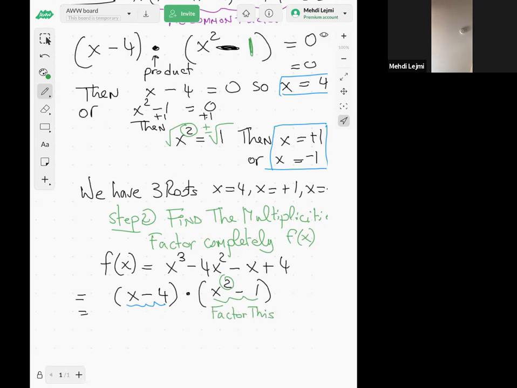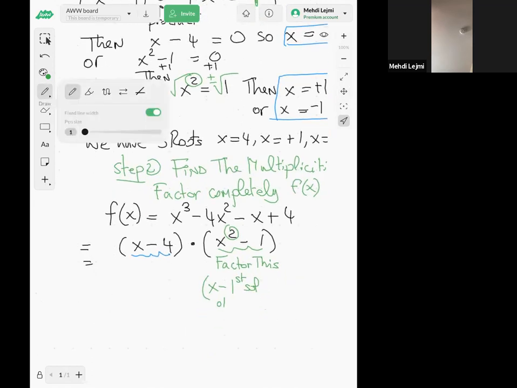If you want to factor x squared minus 1, it should be of the form x minus first solution of x squared minus 1 equal to 0, times x minus the second solution of x squared minus 1 equal to 0.